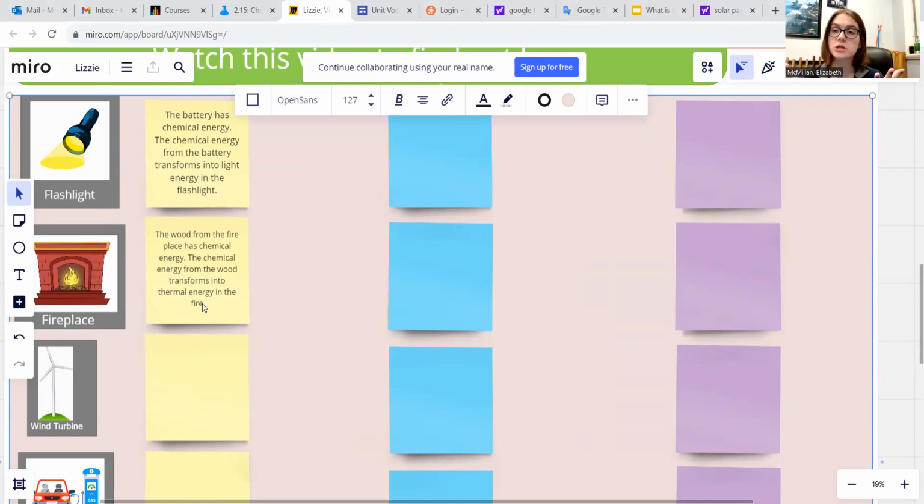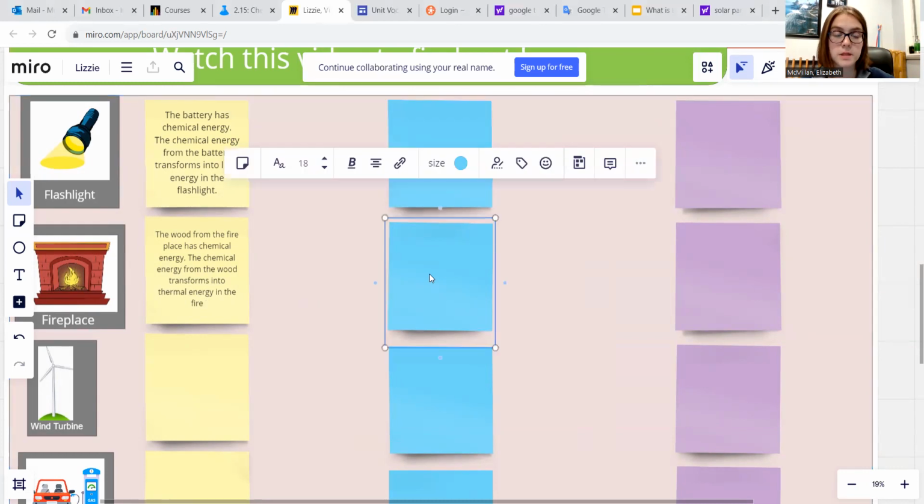I need an energy transformation that has chemical energy and thermal energy. They did burning wood in a fireplace, so the chemical energy in the wood goes into thermal energy in the fire. I'm going to go to the blue sticky note, and what example could I come up with that has chemical energy and thermal energy?